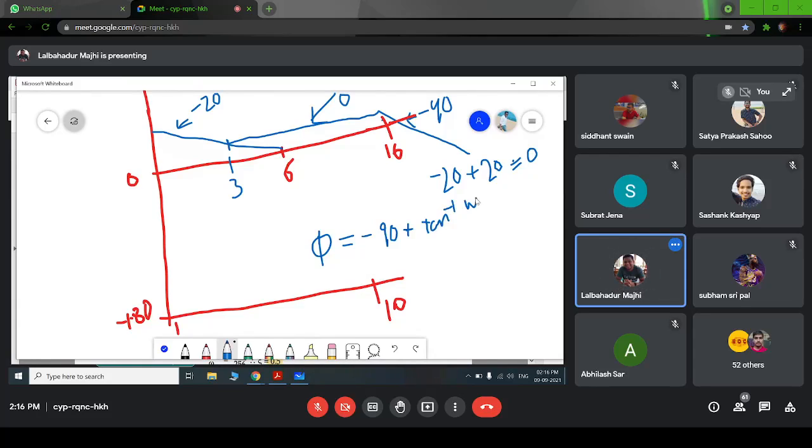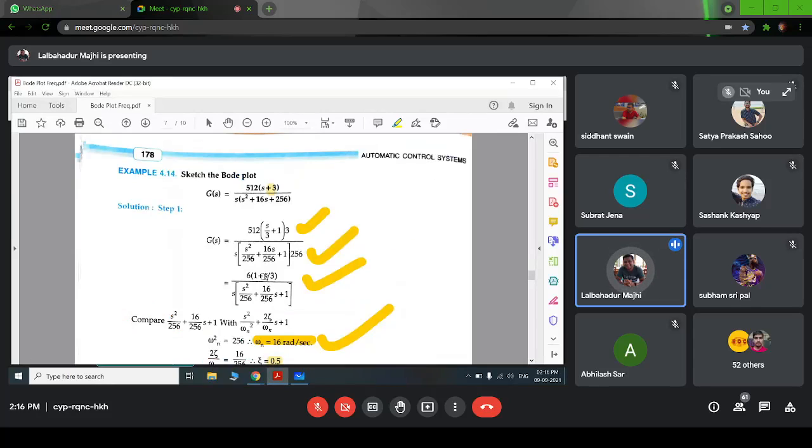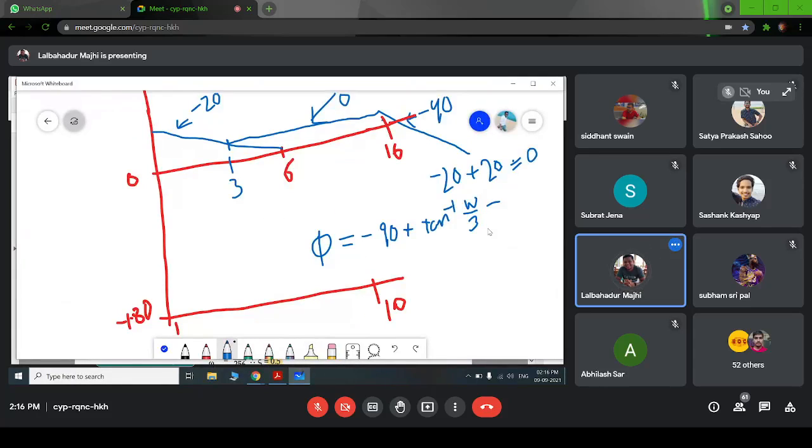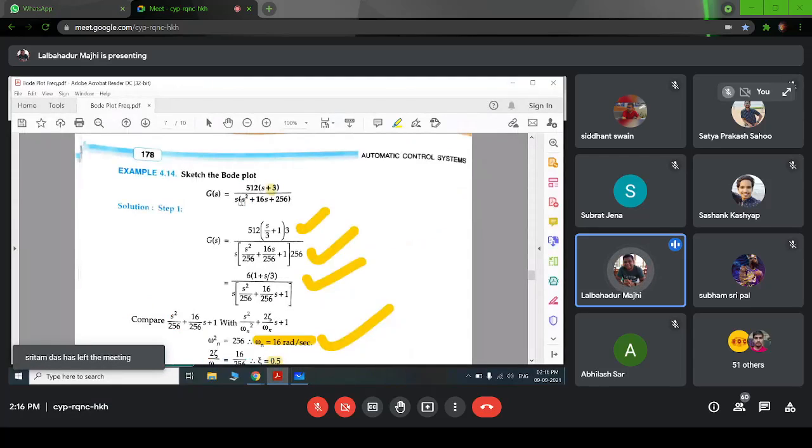You can directly write it, since it is s by 3, it will be j omega by 3 divided by 1. So same omega by 3. Then minus, because then we have a pole, right? This pole, minus, what will be this angle?